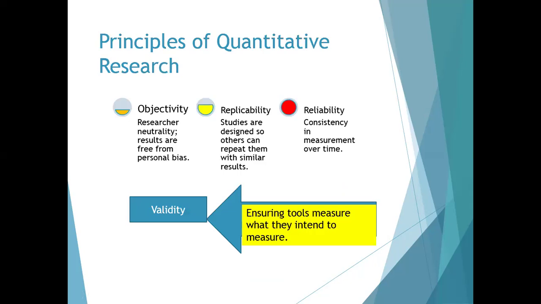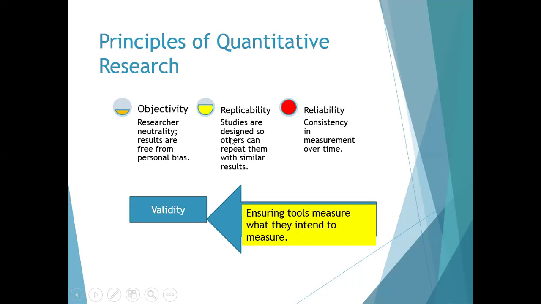Principles of quantitative research. Objectivity, okay? Researcher's neutrality, results are free from personal bias. Replicability, studies are designed so others can repeat them with similar results. Replicability, this is very important.